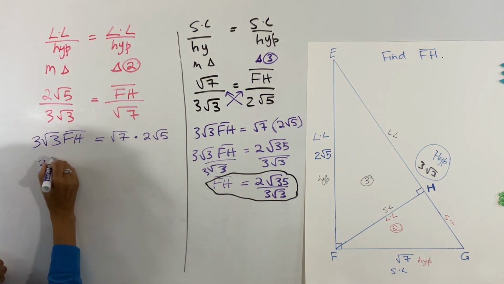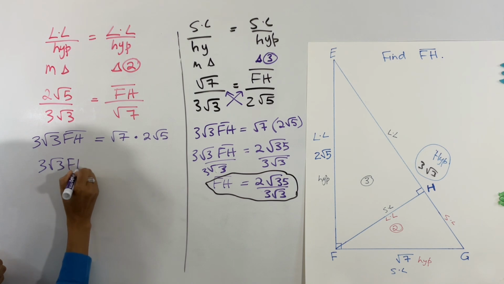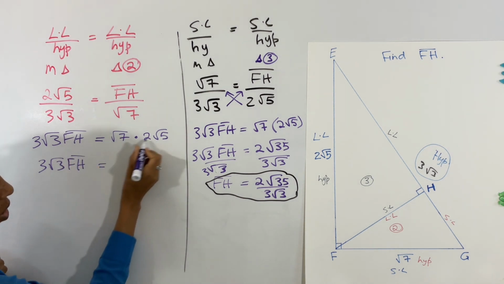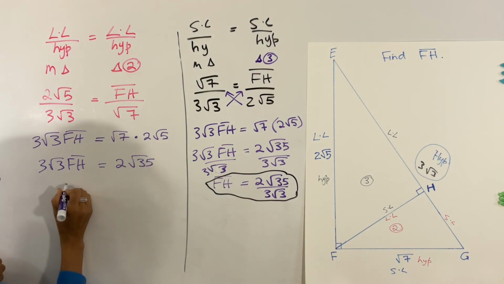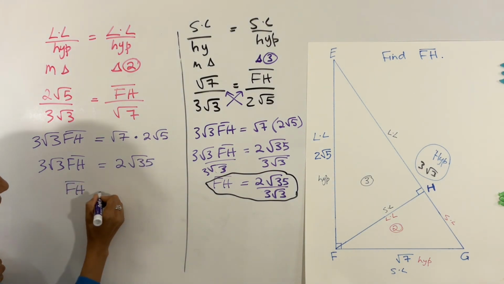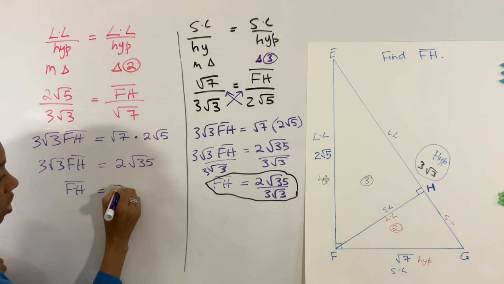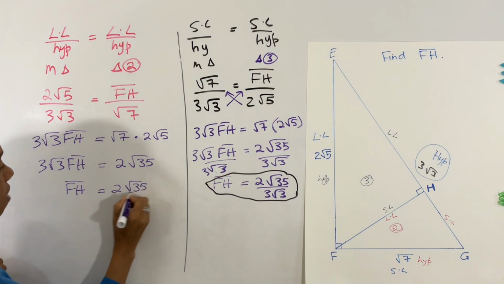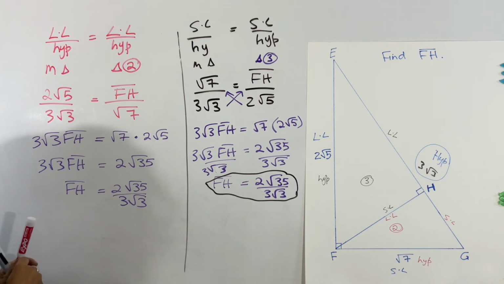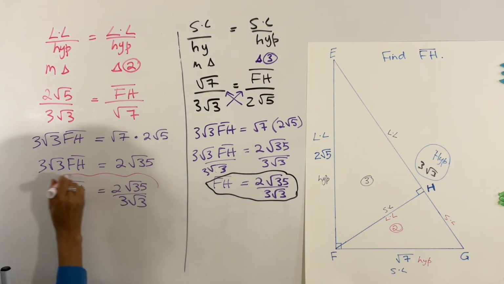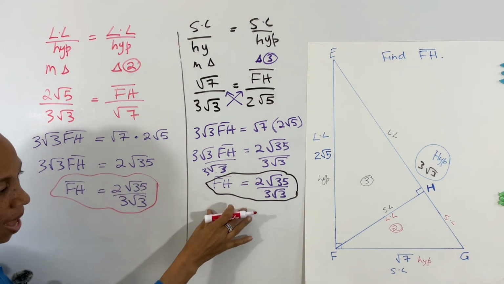And 3 radical 3 FH, which is a segment, is equal to 2 radical 35. And segment FH, which is the altitude, is 2 radical 35 over 3 radical 3. And we cannot further break this down. So this would be your answer. Notice you arrive at the same answer.